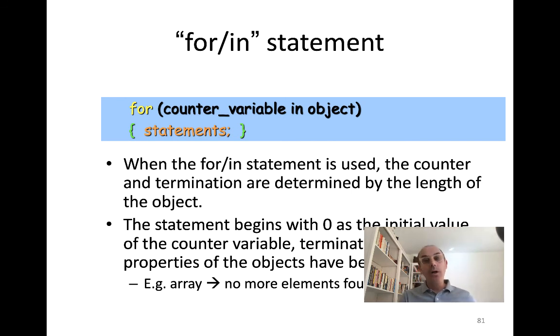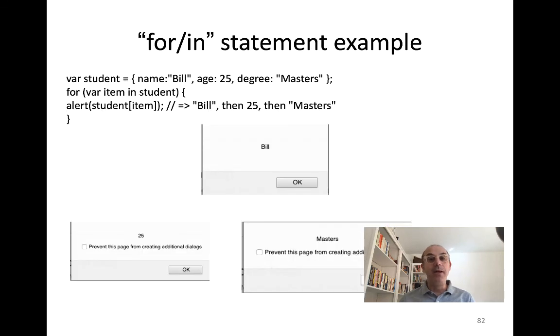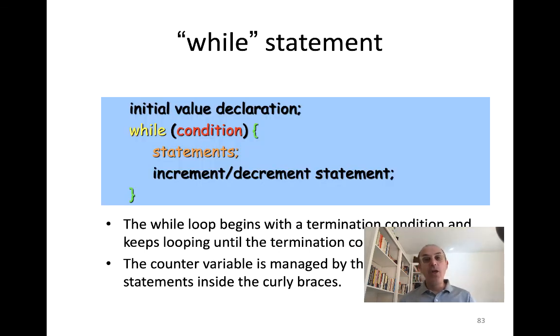Otherwise, I will continue blocking the user and will not let him in. So in this case, I use three items: name, age, and degree. I will run it and it will continue running. It will give us the first name, Bill, then it will give us 25, and then it will give us masters. If you run this code, you will see the execution of it, and you will be able to understand.